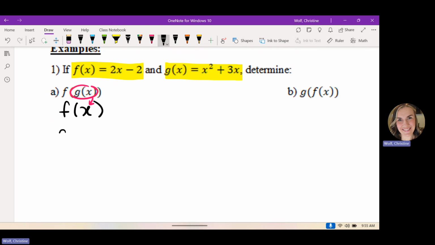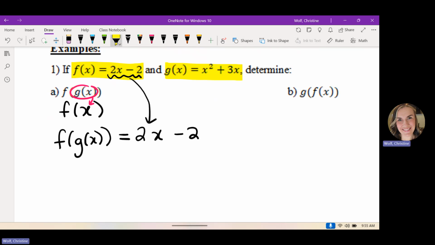So if I ask you for f of g of x, I take f of x, and I write it down. And then I locate my x's in that guy. And in f of x, I only have one singular x, so this isn't bad. But I want to replace x in there with what g of x is. So that means I take this whole guy and he gets put in the spot of x.